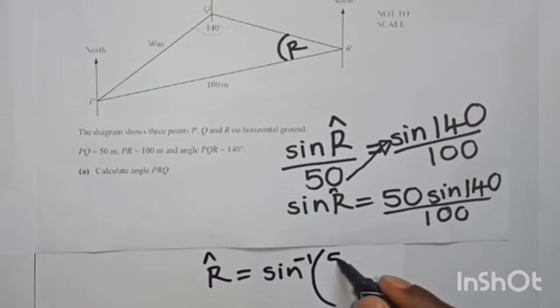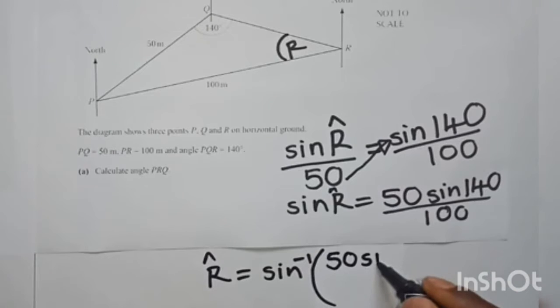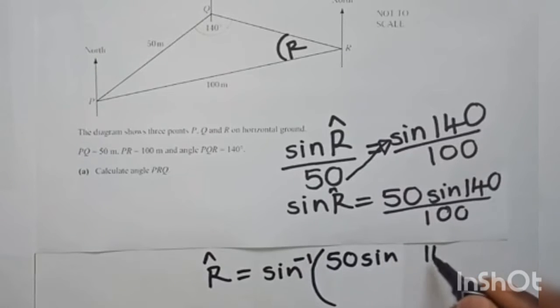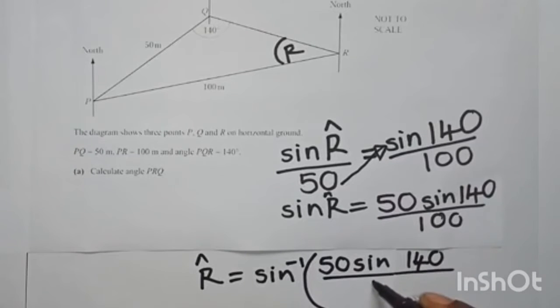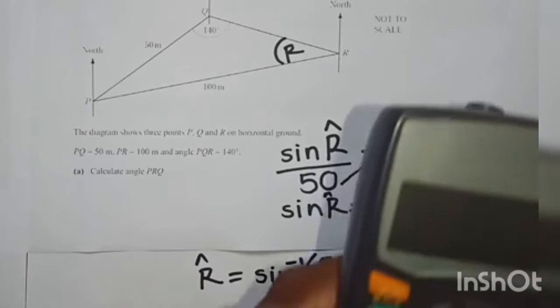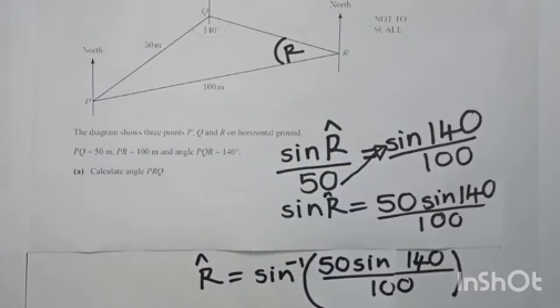open bracket, 50 sine 140 divided by 100. Make sure your calculator is in degree mode. Right. So to punch arc sine, you need to press the second function button first.